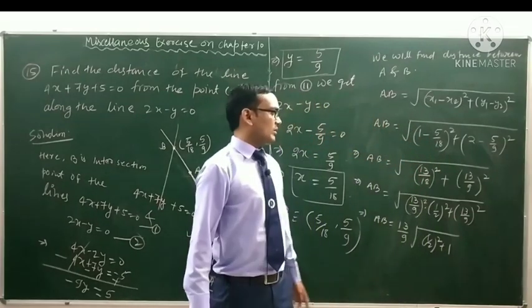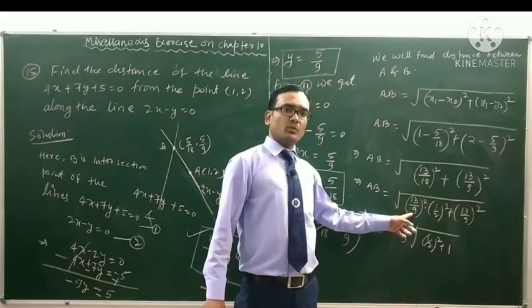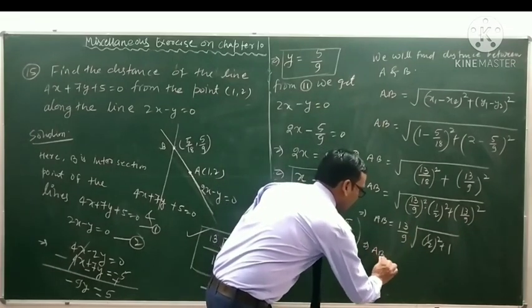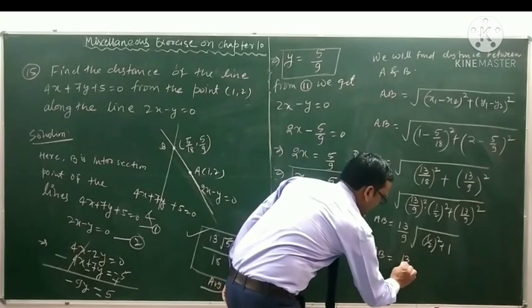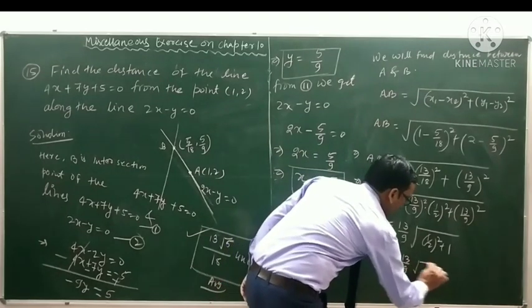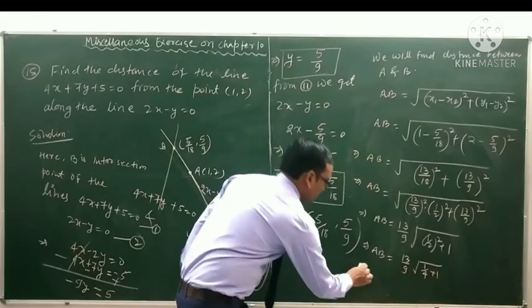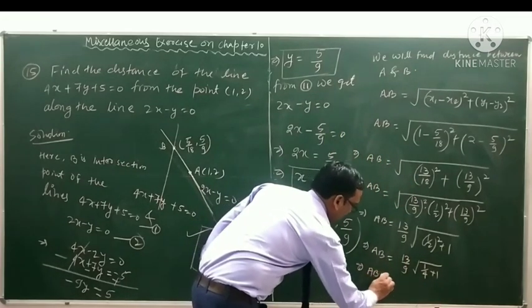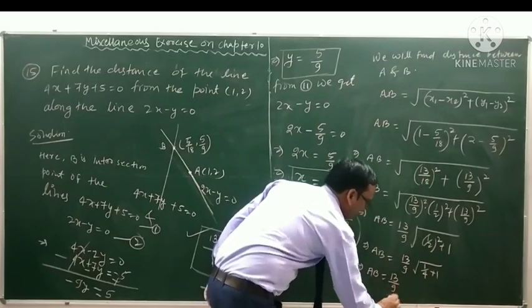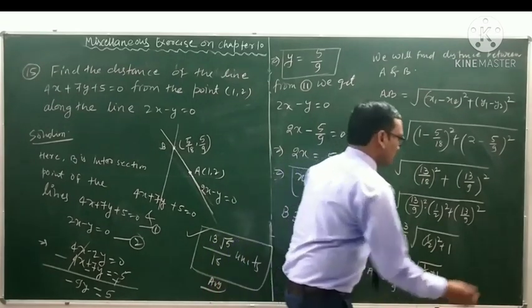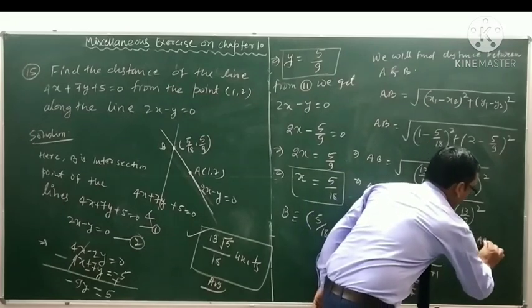We take the common factor 13 by 9. This implies AB is equal to 13 by 9 square root of (1 by 4 plus 1). This implies AB equal to 13 by 9 square root of 5 upon 4.